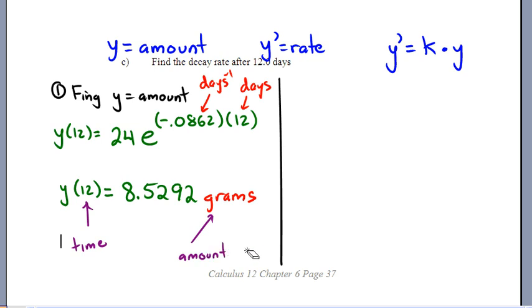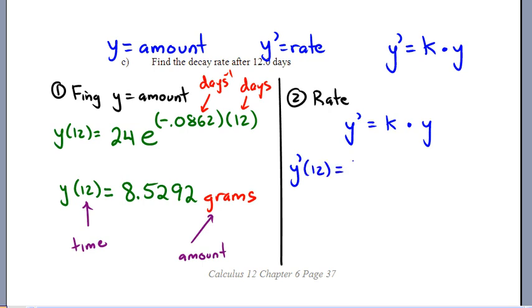But that's not what they wanted to know. They wanted to know, well, what's the grams per day? How fast is it leaving? This is the part that is so nice. Okay, so let's go for the rate. You want to get to the rate? Really easy. We're just going to say the rate, y prime, it's just equal to k times the amount. So all we have to do to find the actual decay rate at time 12, we're just going to take our k value, -0.0862, and we're going to multiply it by how much we've got, 8.5292.